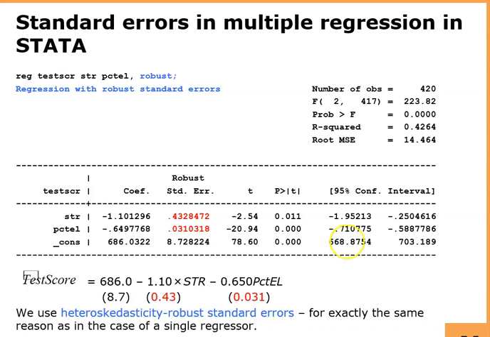But can we reject the null hypothesis that the coefficient is equal to 0 at the 1% level of significance? The answer is we cannot, because as you see over here, the probability is greater than 0.01. So we cannot reject the null hypothesis at the 1% level of significance.